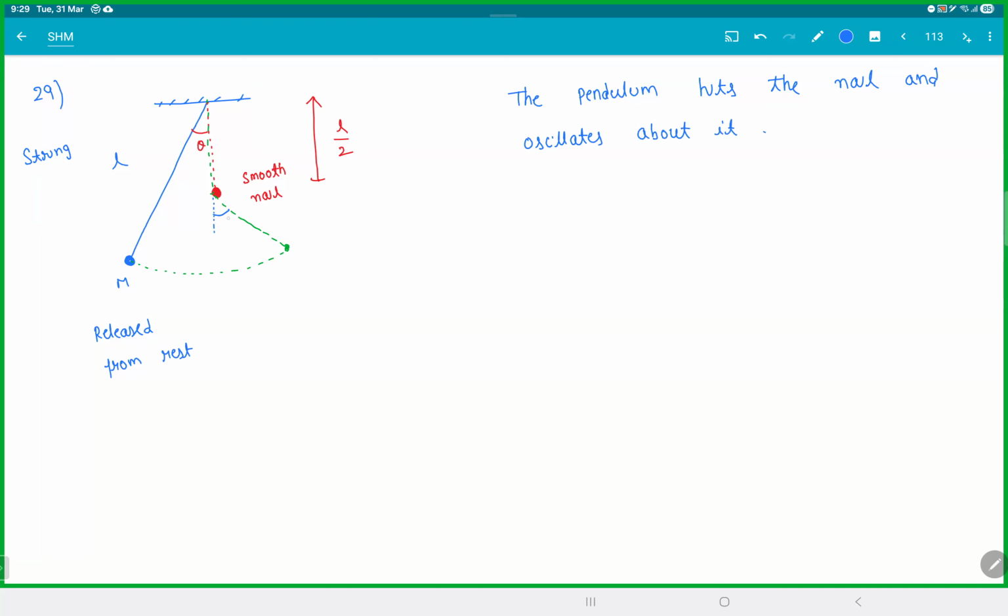You can take this angle to be alpha, find time period and maximum alpha. Or you can also say amplitude on the right hand side. So amplitude on the left hand side is theta, amplitude on the right hand side is alpha.